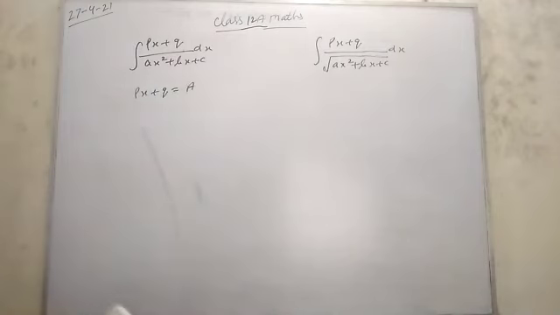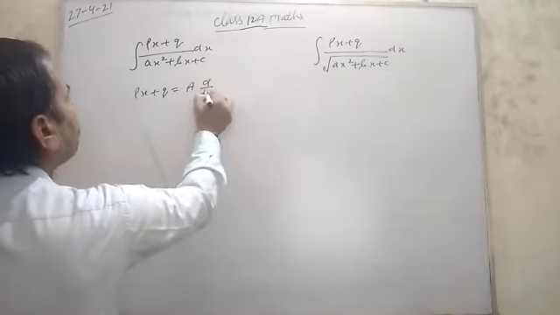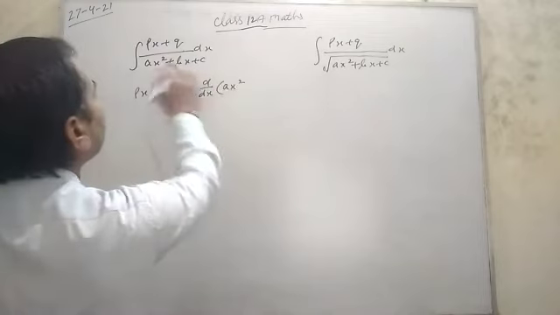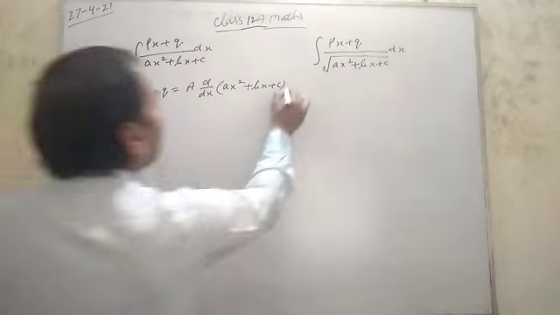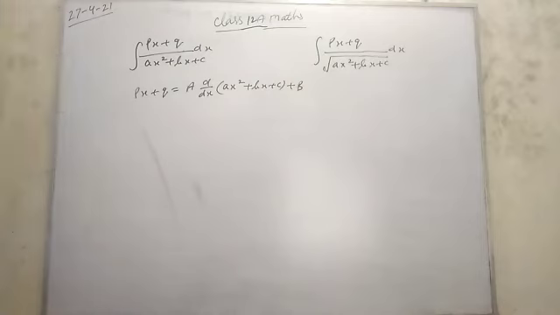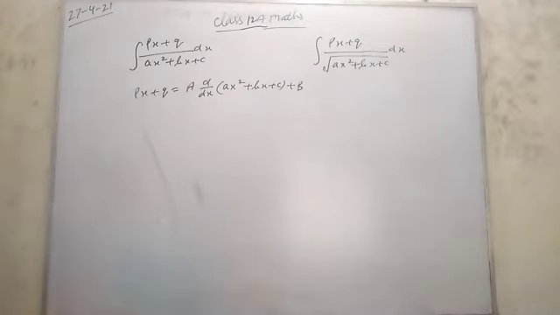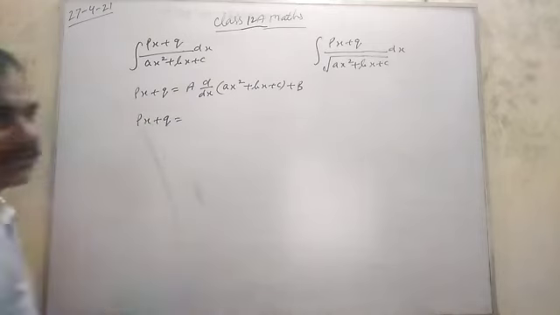You see, px plus q is equal to A times the differential of this denominator, ax square plus bx plus c, plus one constant B, like this. In questions, p and q will be given as numerical values, so we will find the A and B values.